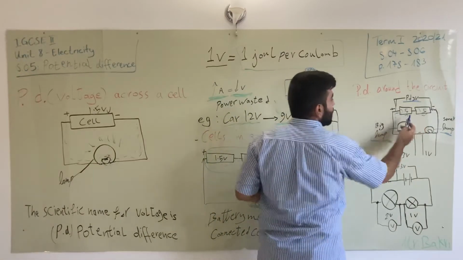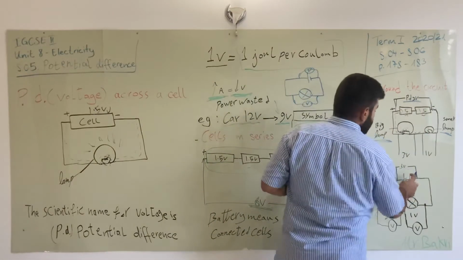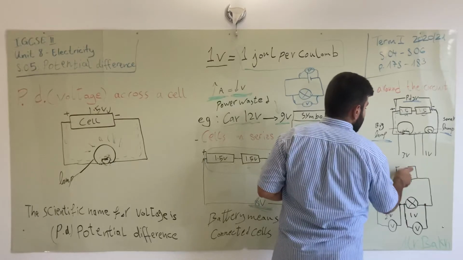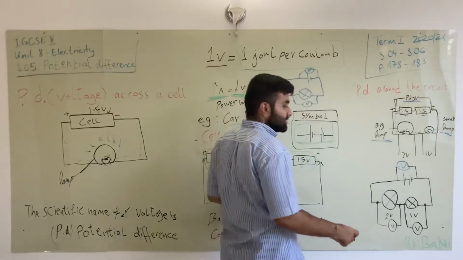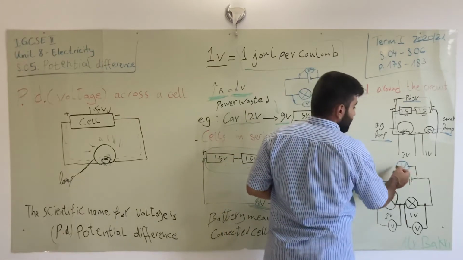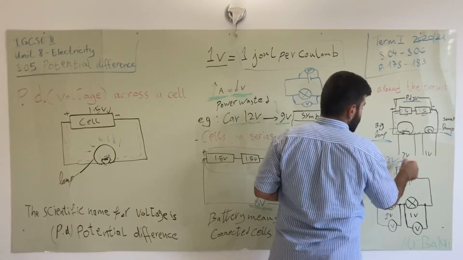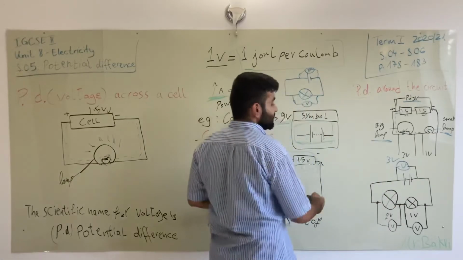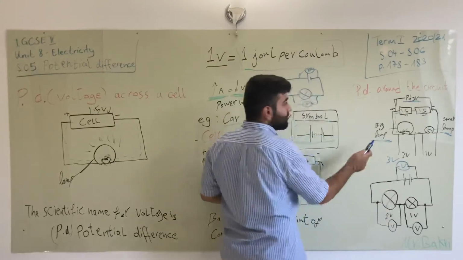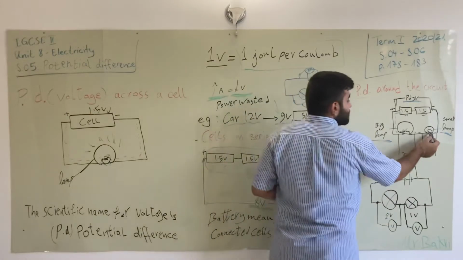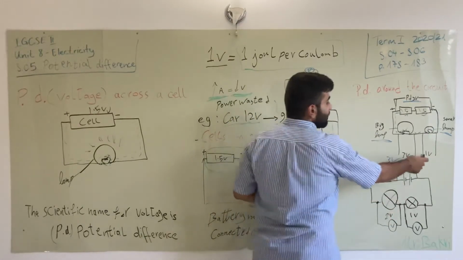So here, how am I going to know that? We put here a voltmeter. It's going to give me 3 volt. Why? Because it's 2 cells, 1.5, or a battery, or whatever. So now what's happened? Let's focus here. A small lamp takes 1 volt.